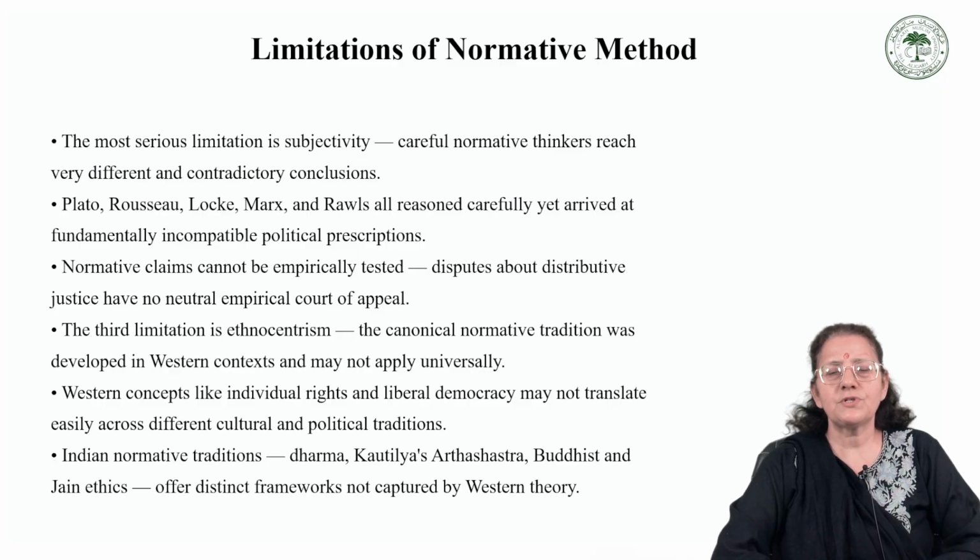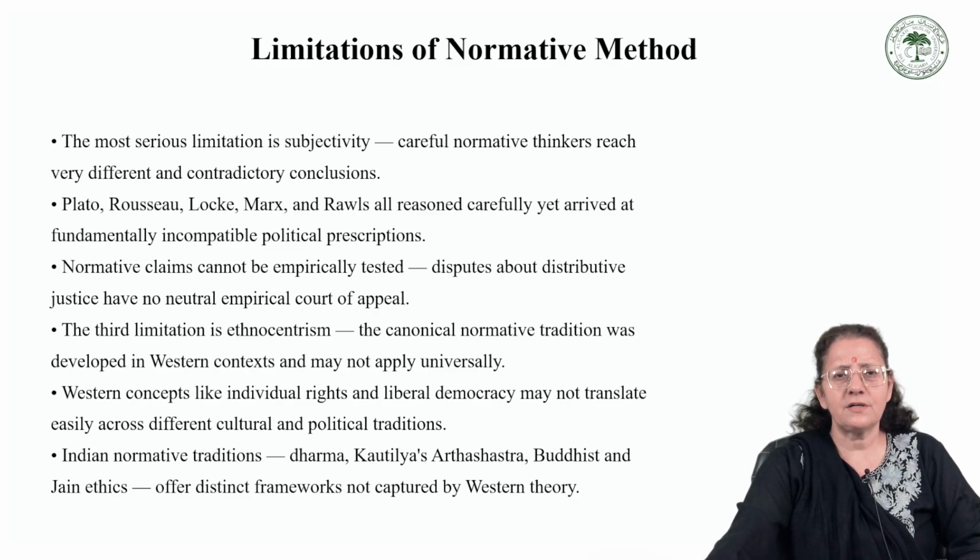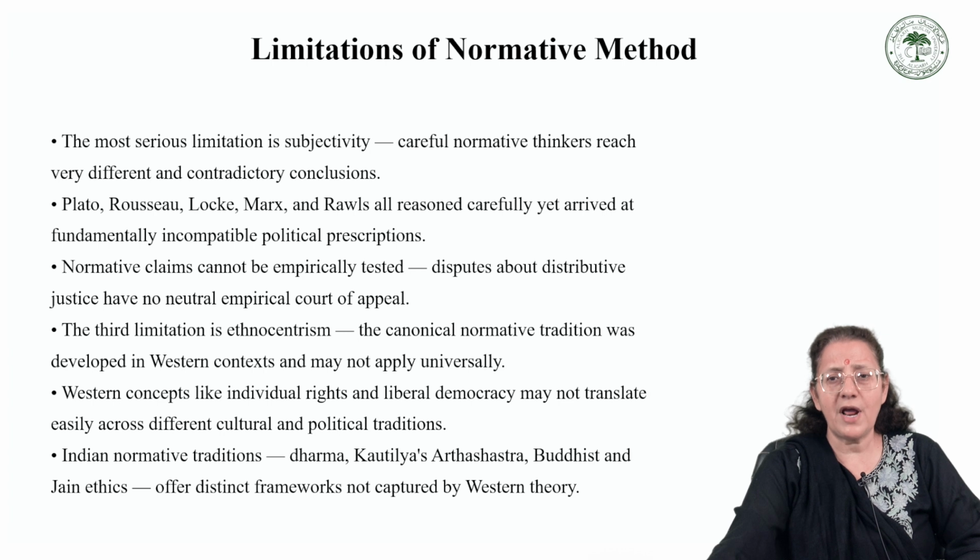The first and most serious limitation is the problem of subjectivity. Different normative thinkers, reasoning carefully from different starting points and value commitments, have reached very different and sometimes mutually contradictory conclusions. Plato advocated an aristocratic rule by philosopher kings. Rousseau insisted on direct popular sovereignty.